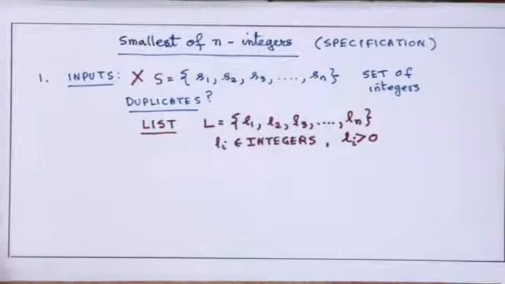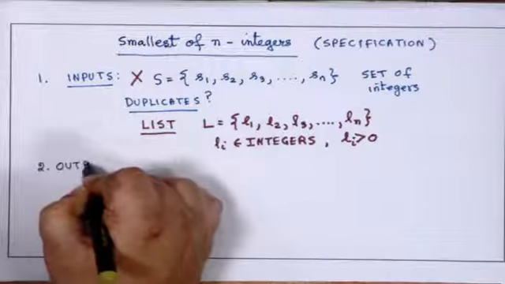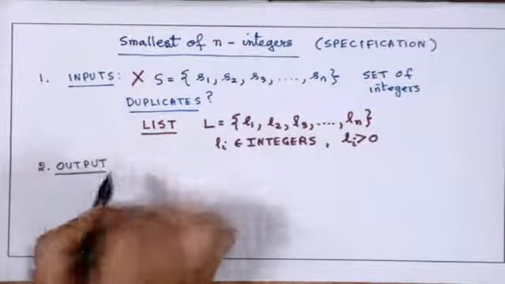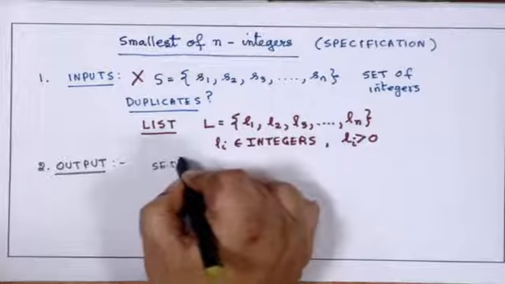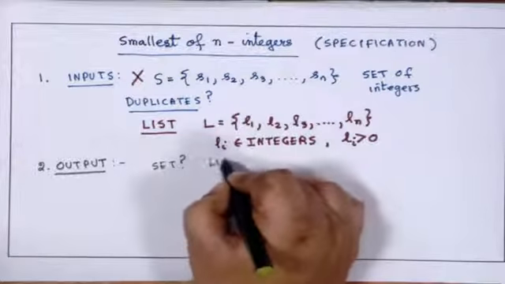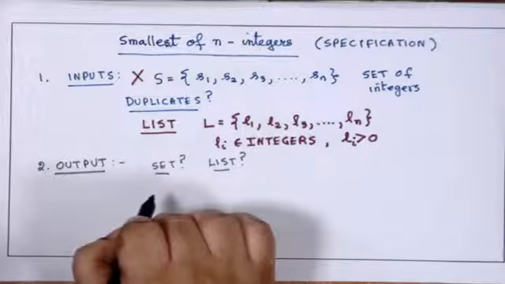Once we come to the inputs, the next thing we have to specify is the output. Here again, what would the output be? Would it be a set? Would it be a list? None of them actually.